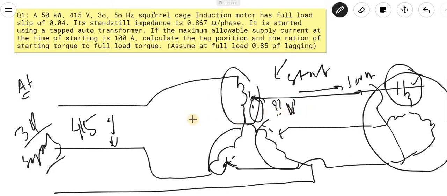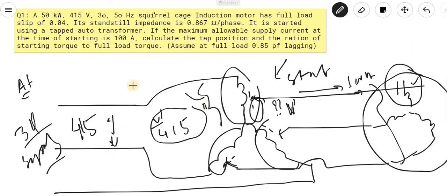Then we can simply calculate the tapping as V dash divided by 415. Otherwise, we can also calculate the line to line voltage and the phase voltage. If it is star connected, then obviously there will be phase voltage. Clear?